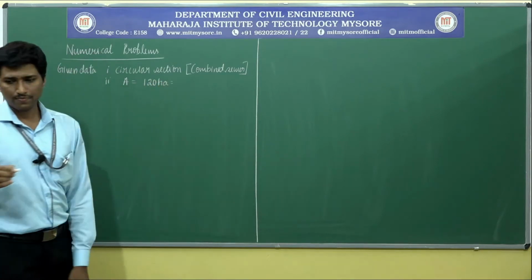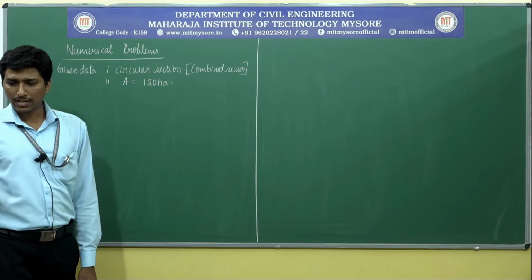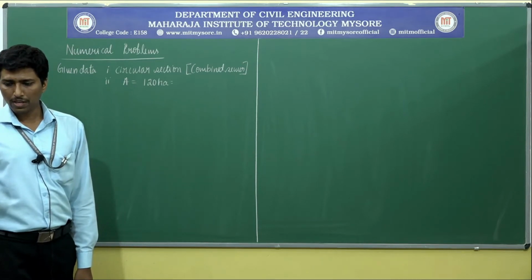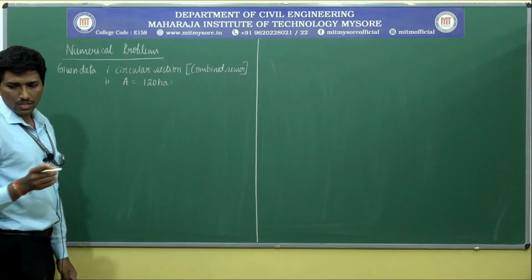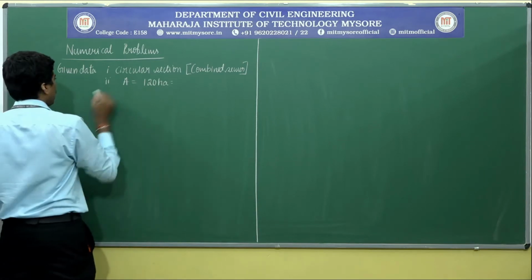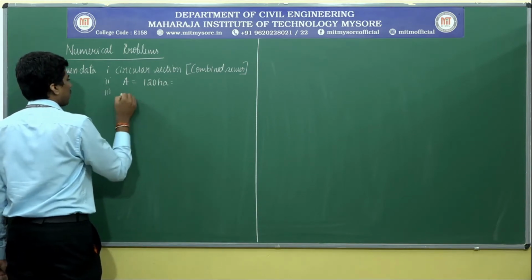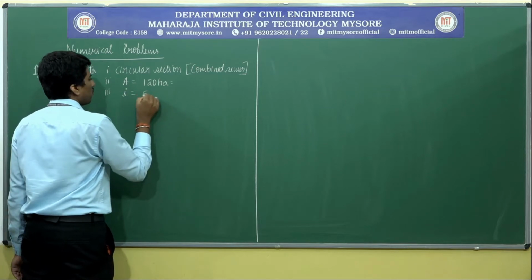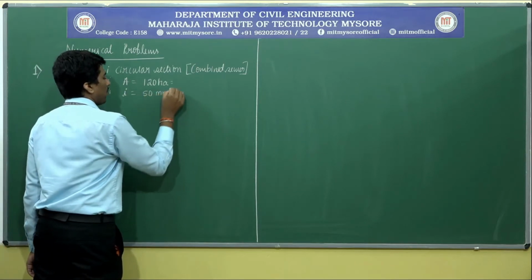And next, intensity of the rainfall is 50 mm per hour. So I is equal to 50 mm per hour.